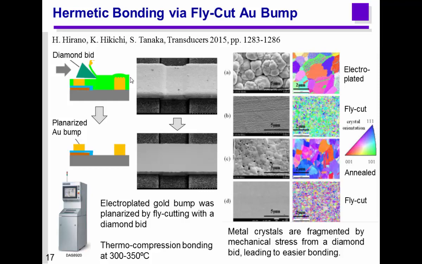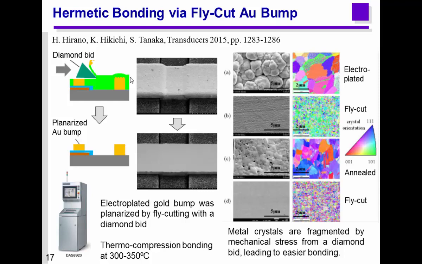For bonding, we use gold bonding because this is done at a low temperature. The problem is the unevenness of the height on the LSI. So we first electroplated the gold on the LSI, and the surface was planarized by fly cutting using a diamond bit.